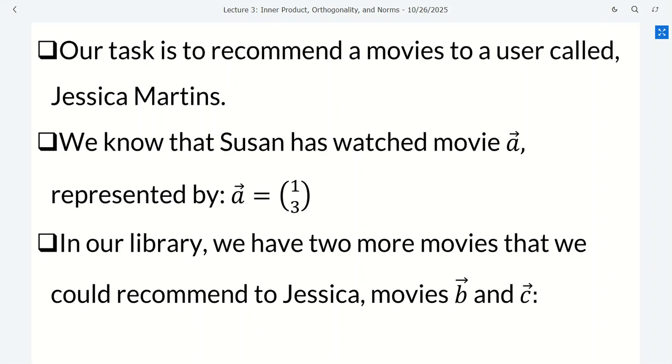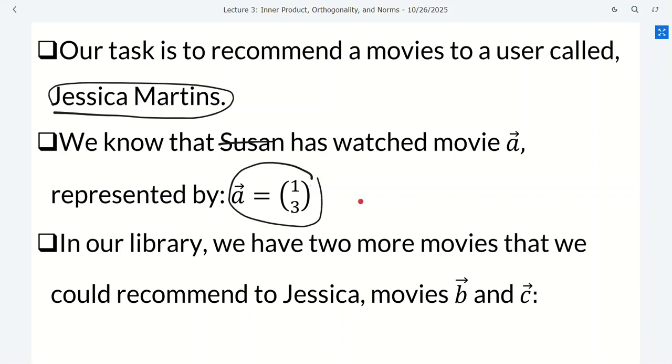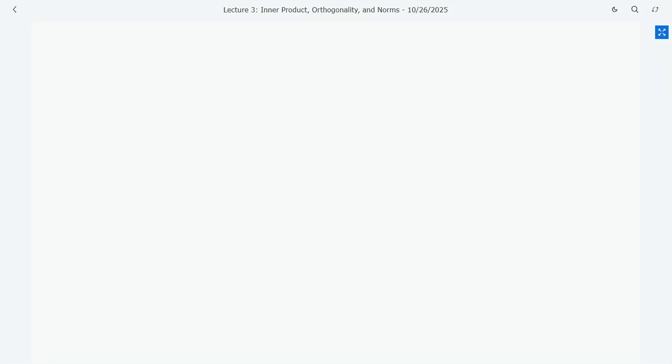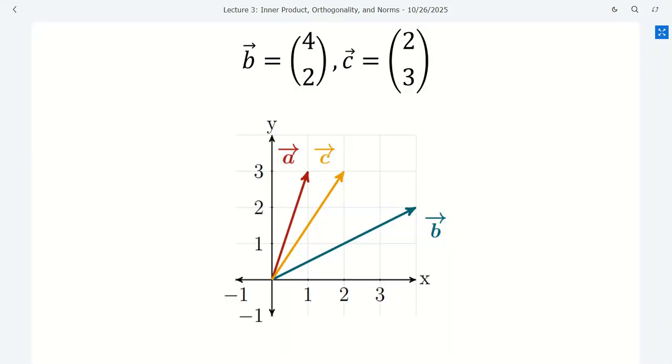So we have a lady called Jessica Martins. Jessica watches a movie, and please write this one down, with these features. Then Jessica went on the platform again, and they recommended 2 movies.